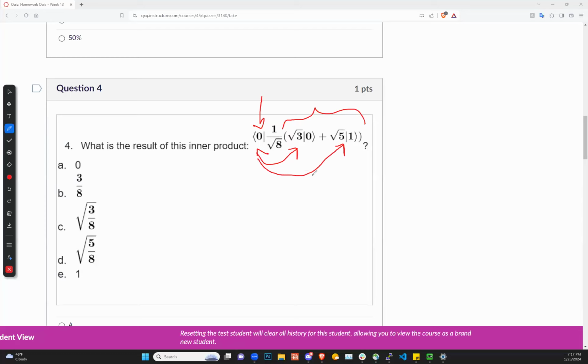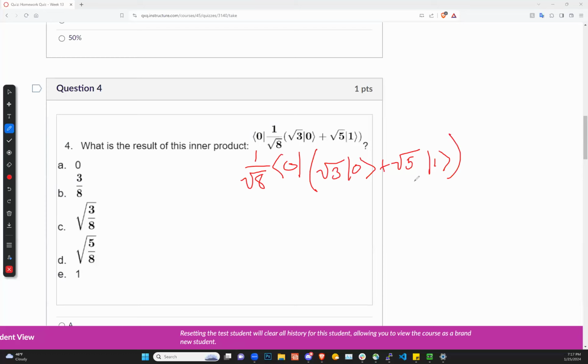We can also always bring the coefficients out front. So instead of this 0 bra and then 1 over the square root of 8, I could bring the 1 over square root of 8 out front and then do this. So it would look something like this, plus square root of 5 times the 1 state.